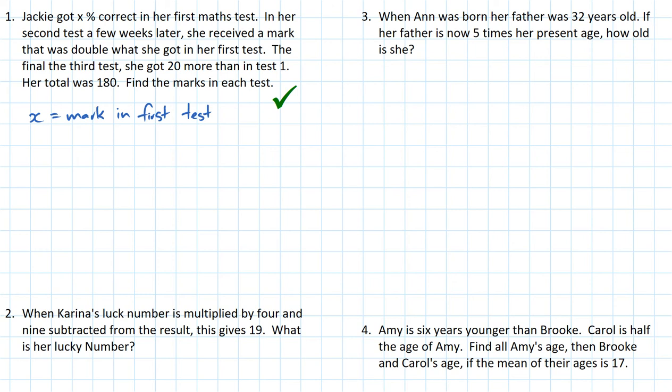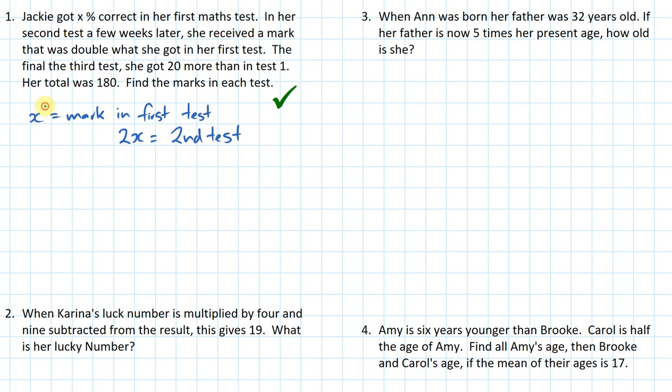Second sentence says, in her second test a few weeks later, she received a mark that was double what she got in her first test. So if I just make a note here, in the second test, she got double what she got in the first test. So in the second test, she got 2 times X. The third test, she got 20 more than in test 1.